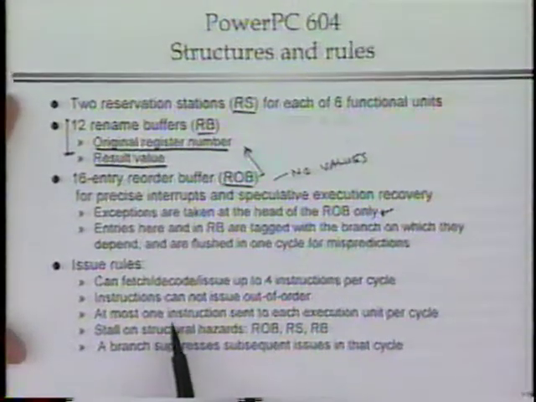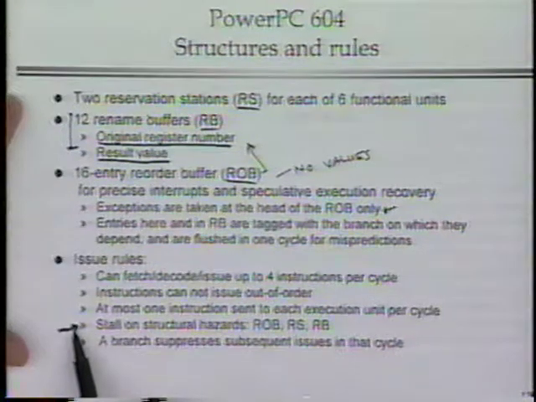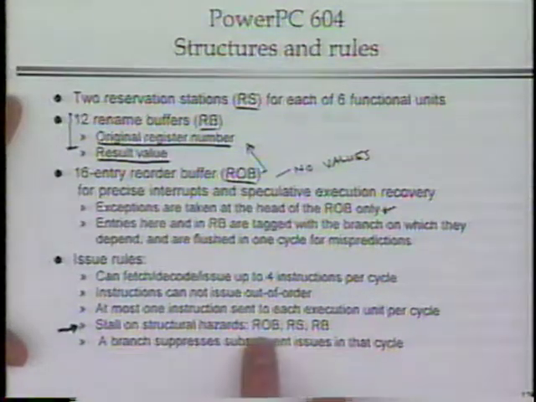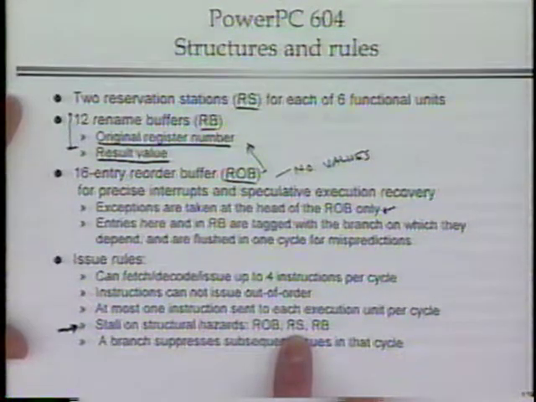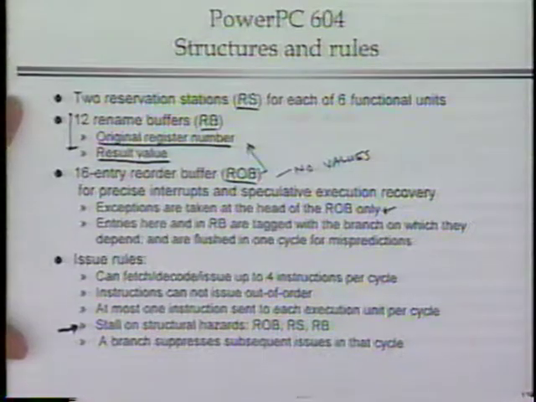So what are the rules for issuing instructions? Well, one is that each instruction as it gets issued needs an entry in the reorder buffer. It needs a reservation station for the functional unit that it's destined to, and it needs a rename buffer. If any of those things are not available, then you need to stall.